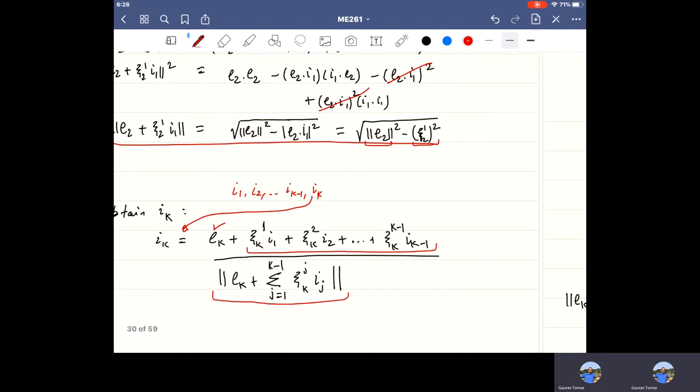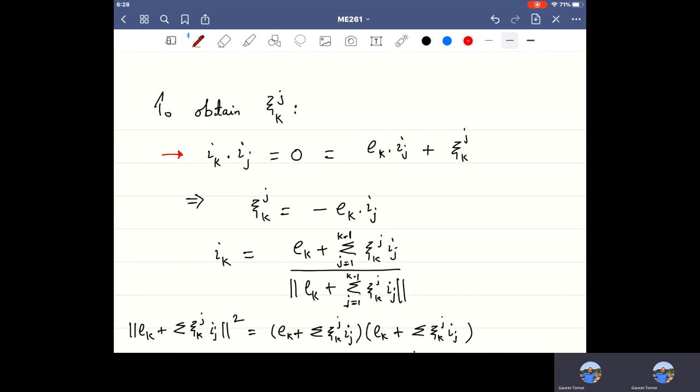Now, to obtain xi k, we take the dot product with any vector ij which we have already computed, so j runs from 1 to k minus 1.